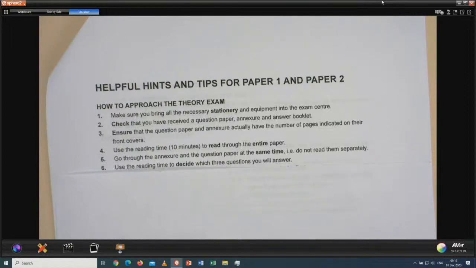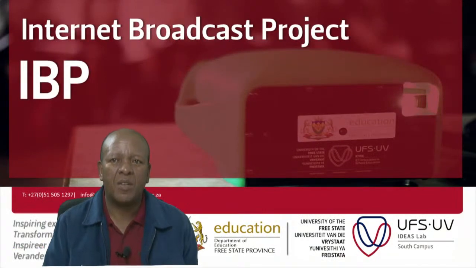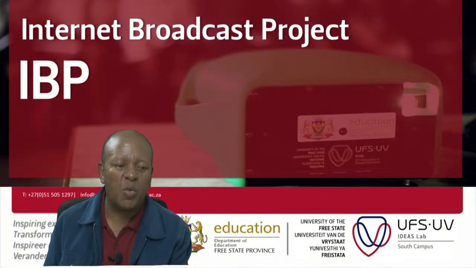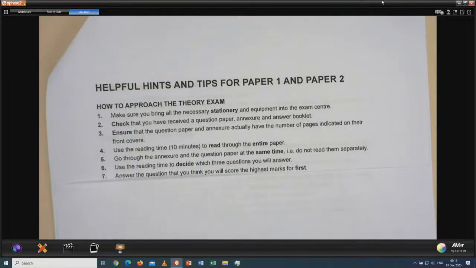Each one is 75 marks, and 75 by 3 is 225 marks. So number 7, answer first the questions that you think you will score the highest mark on. If question 3 is the one that you know best, start with question 3 and then you will go to the others.